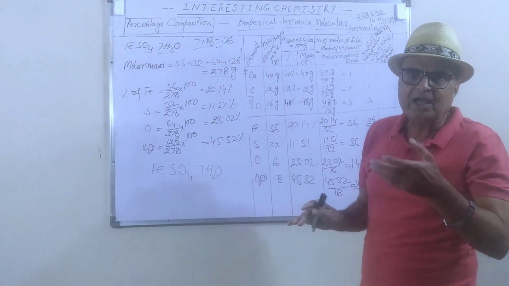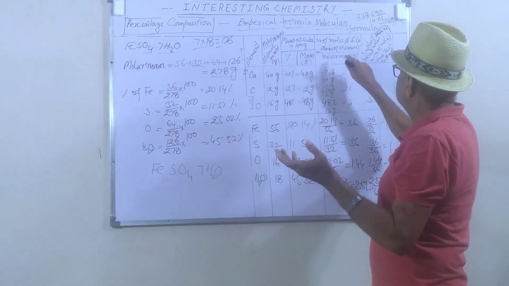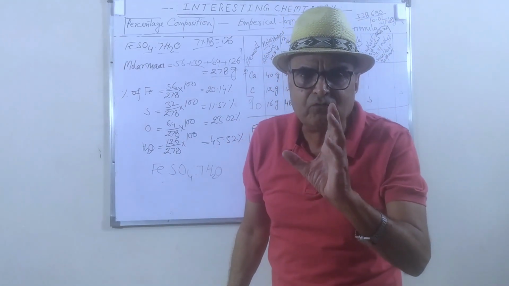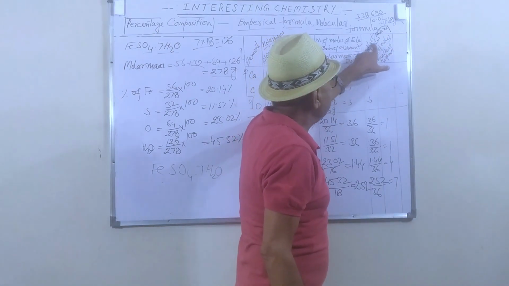But again, I couldn't explain this is the empirical formula, and I couldn't explain the simple whole number.